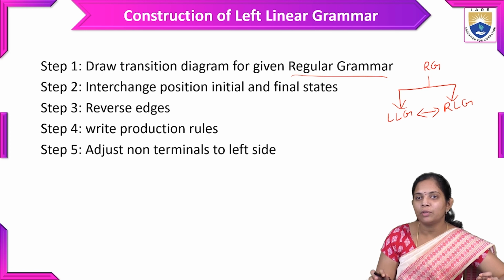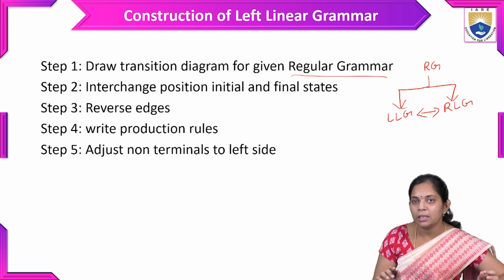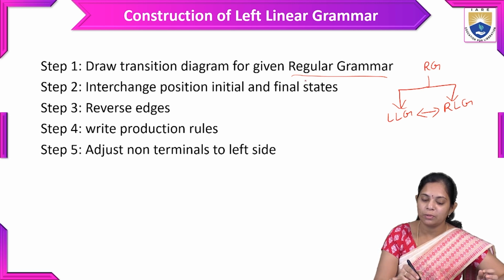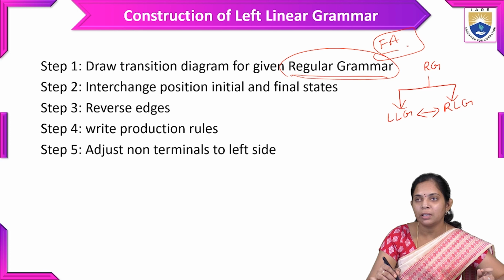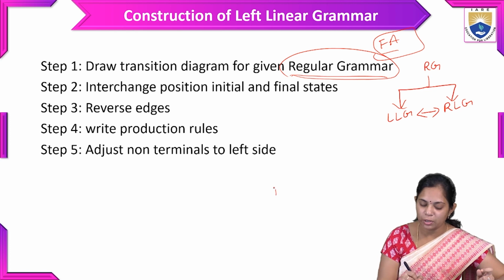So here we want to convert that regular grammar into a left linear grammar. First step, we have to convert the regular grammar into a finite automata. In that finite automata, we already know there is an initial state and a final state.